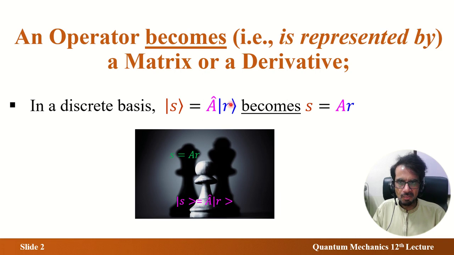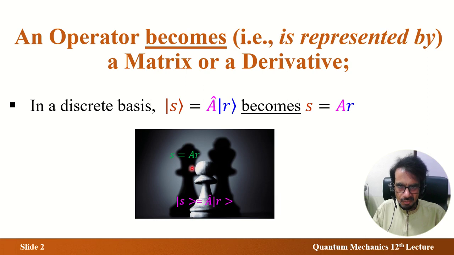So if your basis vectors are countable, your basis is discrete, and in that case a vector becomes x component, y component. These you can put in a column. So a ket is represented by a column. By sound, this is simple to memorize, hopefully. So a ket becomes a column, another ket also becomes a column, and the operator, you think, between two columns could be what? The answer is a matrix.